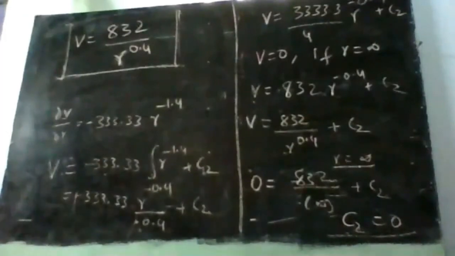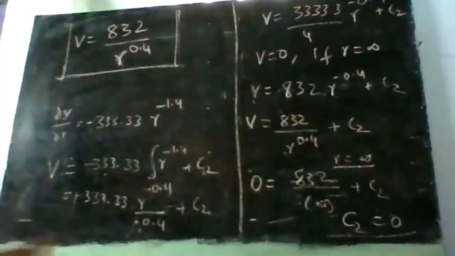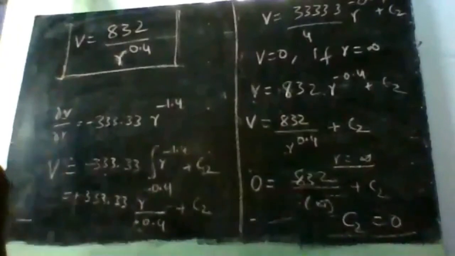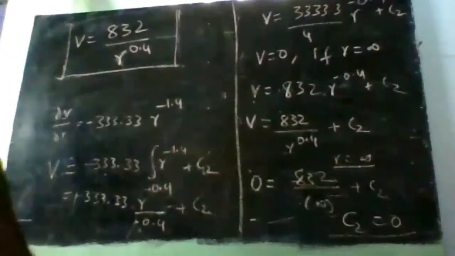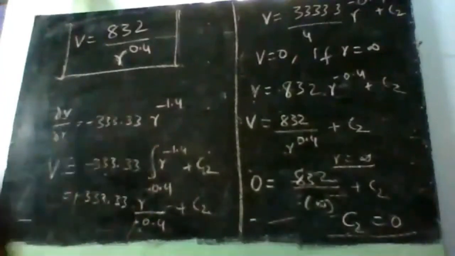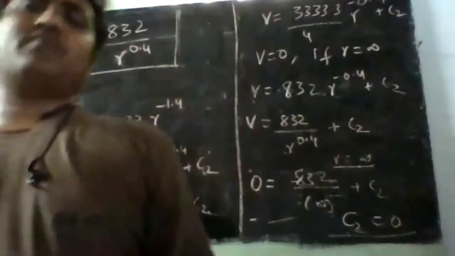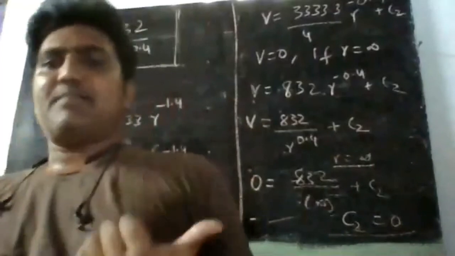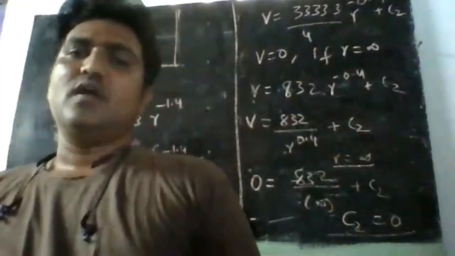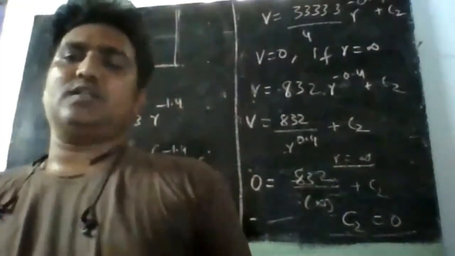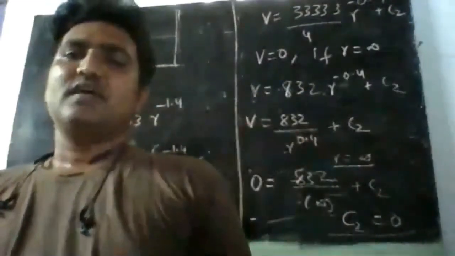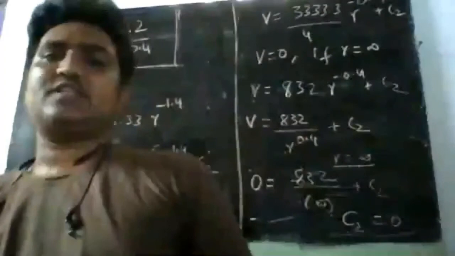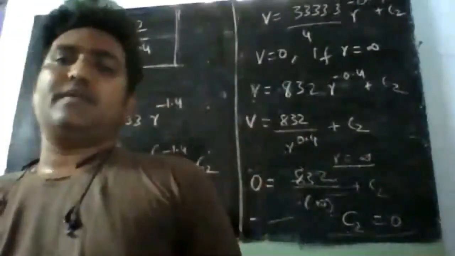Clear? So without knowing the charge or the flux or what exactly the source is, we can see from this example that using the Laplace equation or Poisson's equation, just by knowing the boundary conditions and the charge density, we can calculate the result.